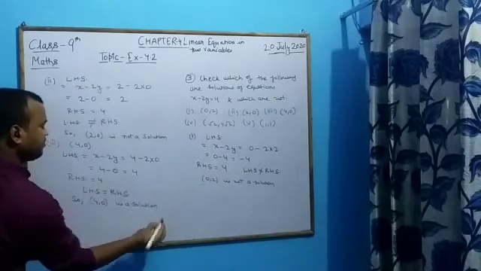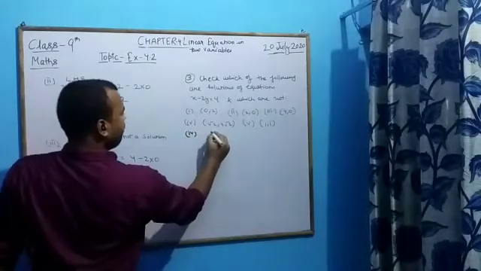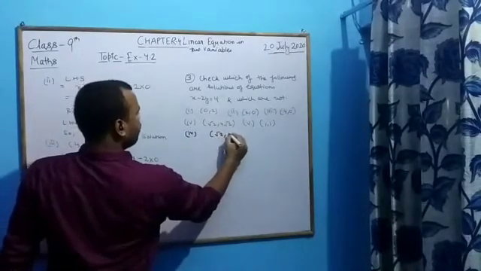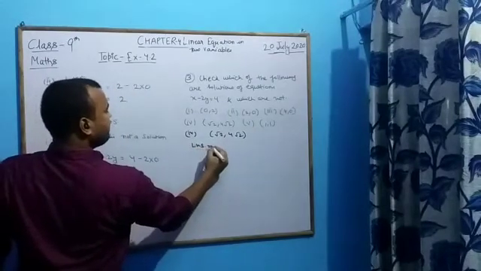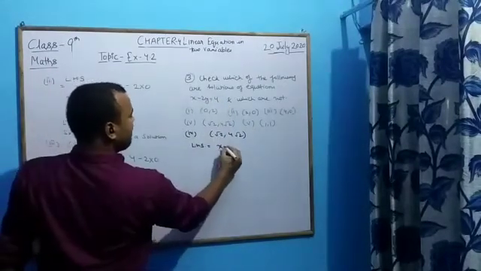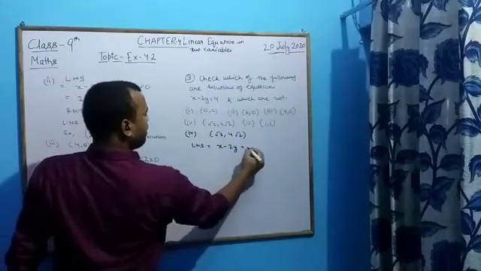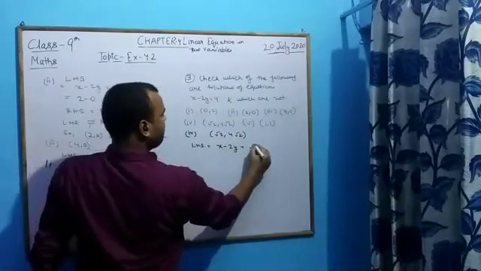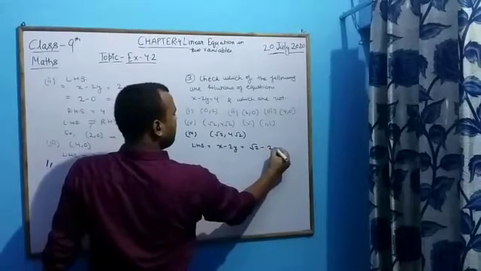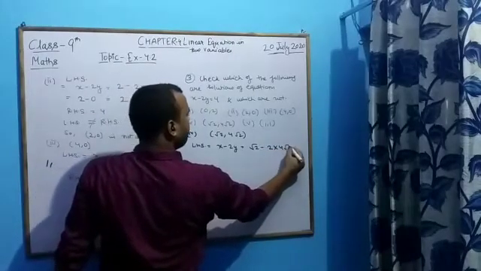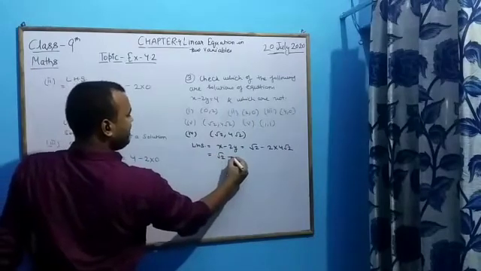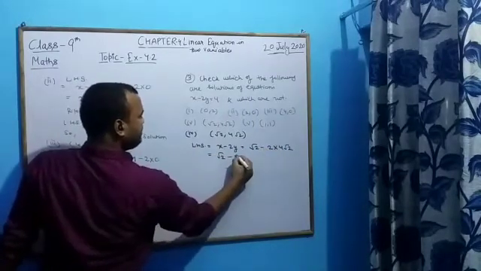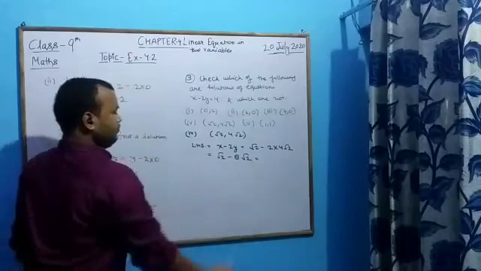The 4th point is square root 2, 4 square root 2. Now putting the points in left hand side. What is the left hand side equation? x minus 2y. Put x as square root 2 and y as 4 square root 2. Now what it comes? Square root 2 minus 2 into 4 square root 2, that is 8 square root 2.